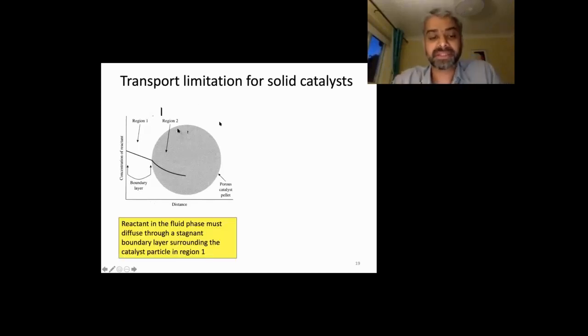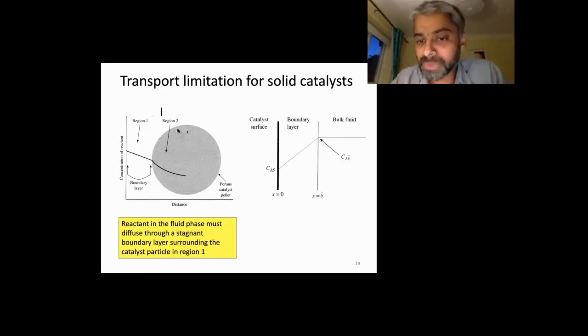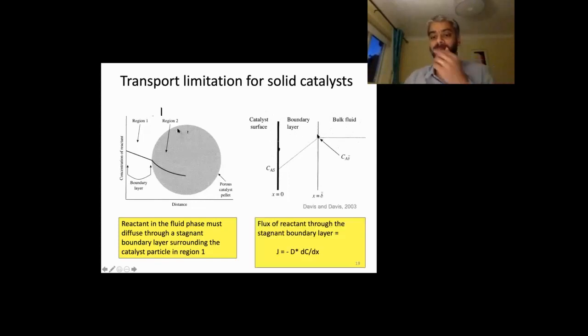So the reactant must diffuse through the boundary layer and come to the surface where the reaction is happening. It looks somewhat like this: this is the catalyst surface, and this is the bulk fluid separated by this boundary layer. You can calculate the flux coming in using a very simple Fick's law type equation.